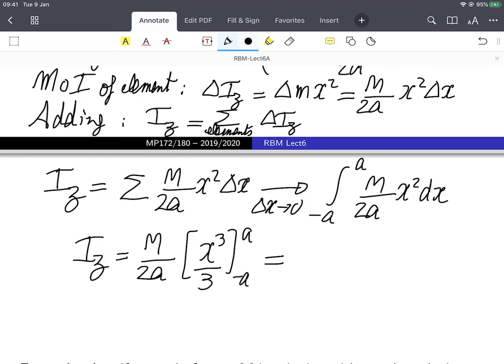Then I evaluate it at a cubed over 3, and then minus minus a cubed over 3.